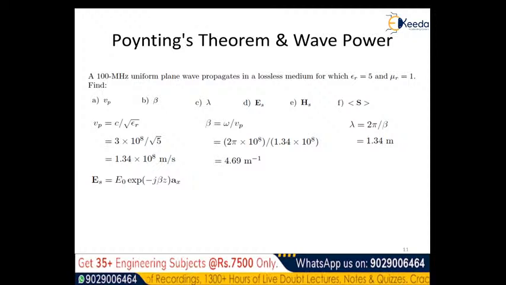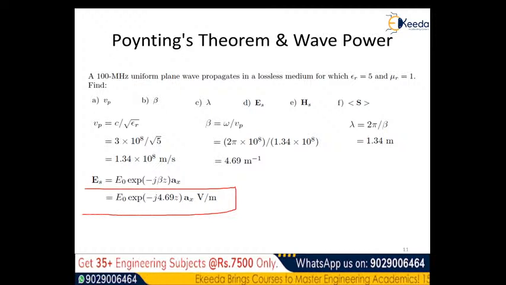The direction is represented with the help of the unit vector AX, and when we substitute the value of beta here, the expression for ES will be equal to capital E0 exponential of minus J times 4.69 Z into AX in terms of volts per meter. So here it is the required expression for ES to be the solution of part D here.